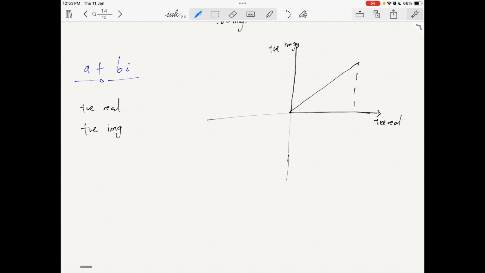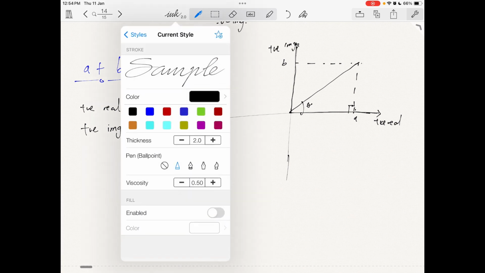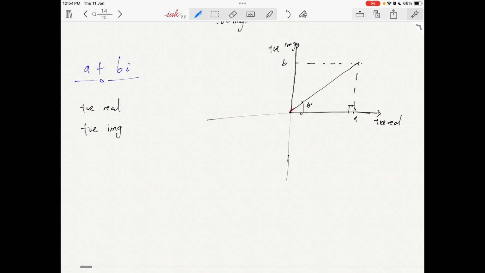So in that case we have it to be this. We can call this a and we can call this b, and this our theta, at a right angle. So we can bring out our triangle and simplify it here, with angle theta, with a and b, and our modulus r.